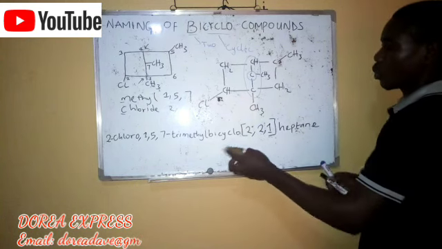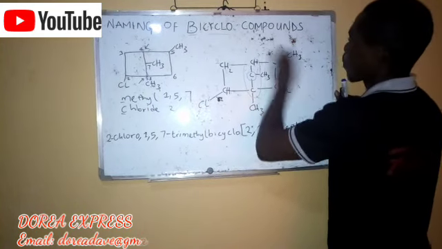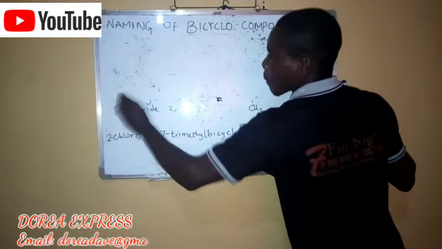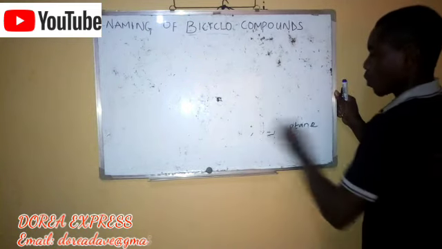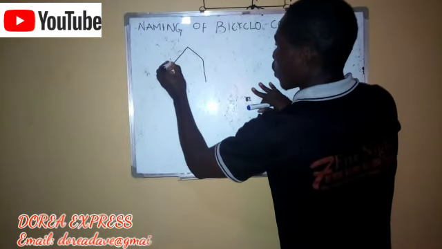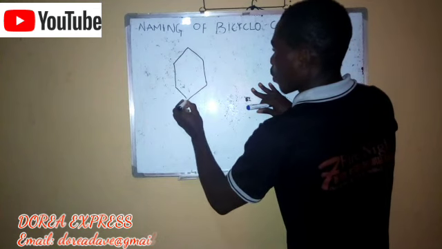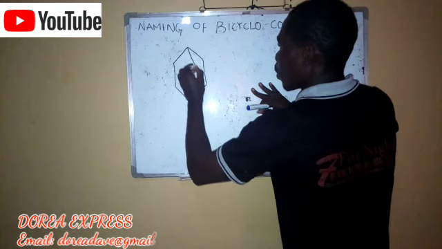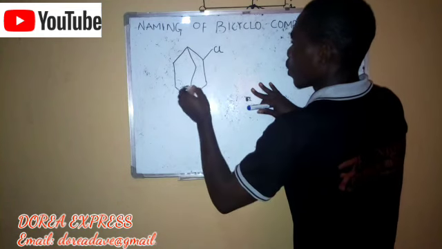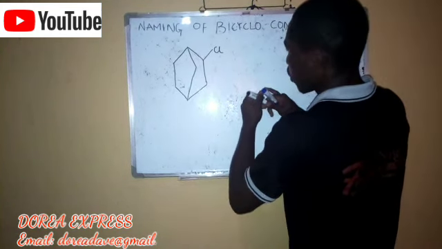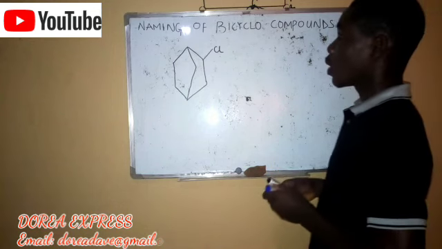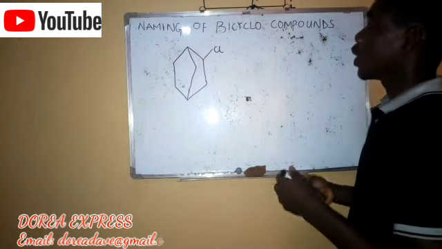So let's look at another example. As we said in the rule, the first step is to identify the head bridge.